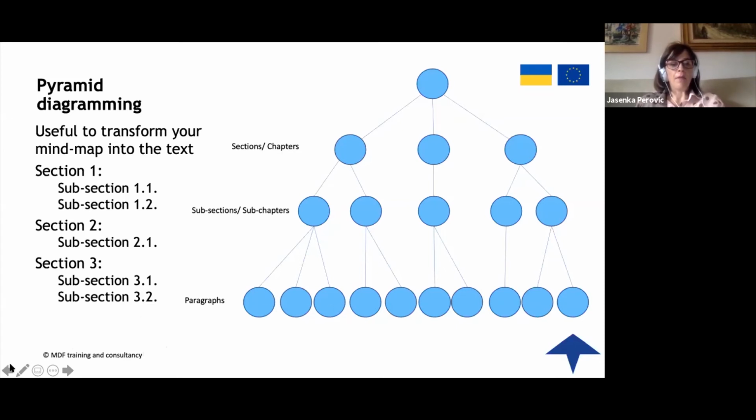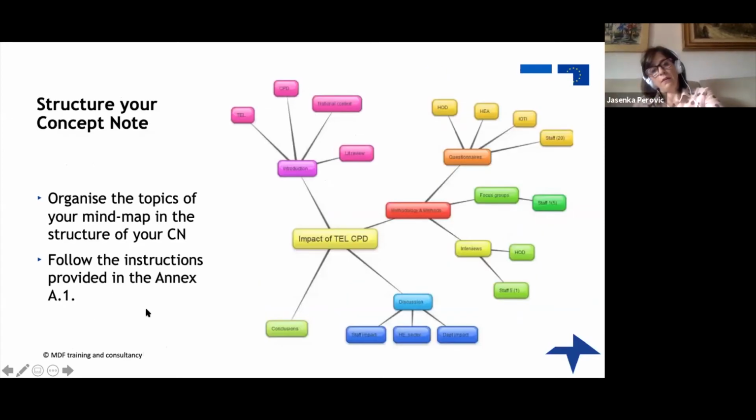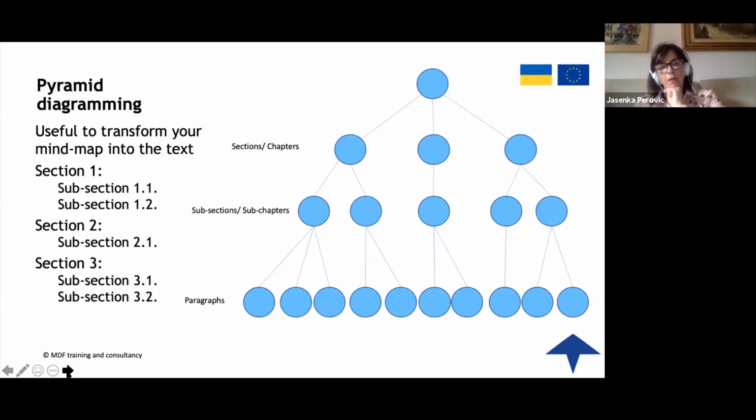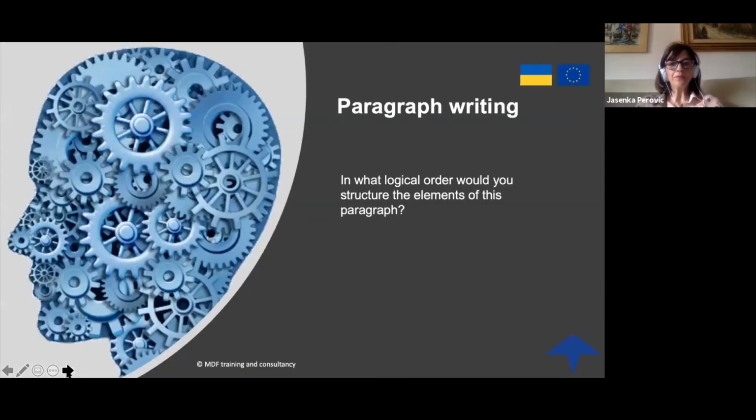Basically, you translate this chart into this pyramid diagram. This is for developing the body text of the concept note. Again, always follow the instructions provided within the concept note.